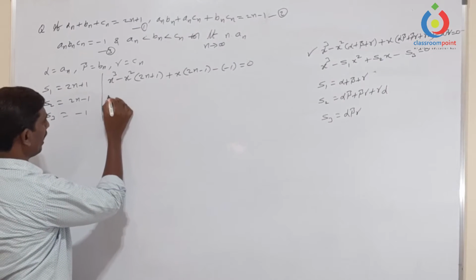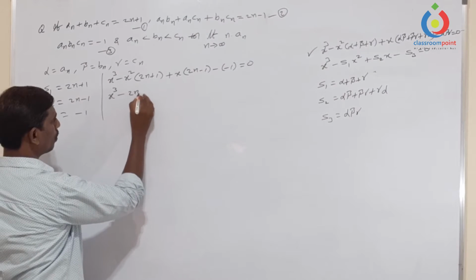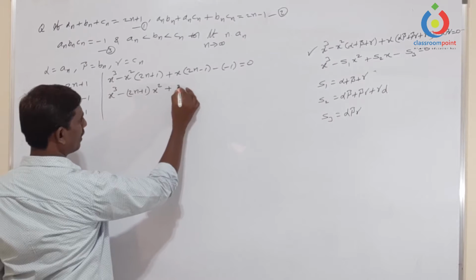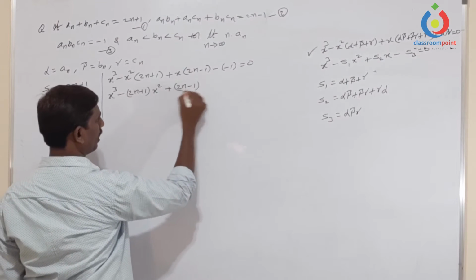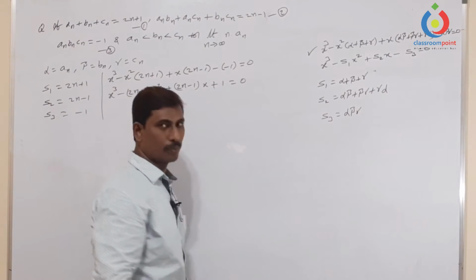After that we get x cube minus (2n plus 1) into x square plus (2n minus 1) into x plus 1 is equal to 0.